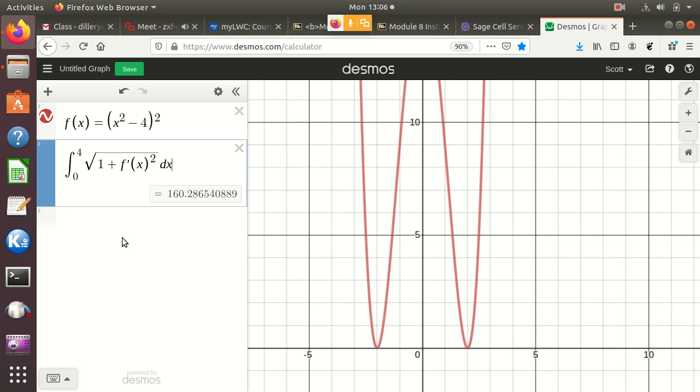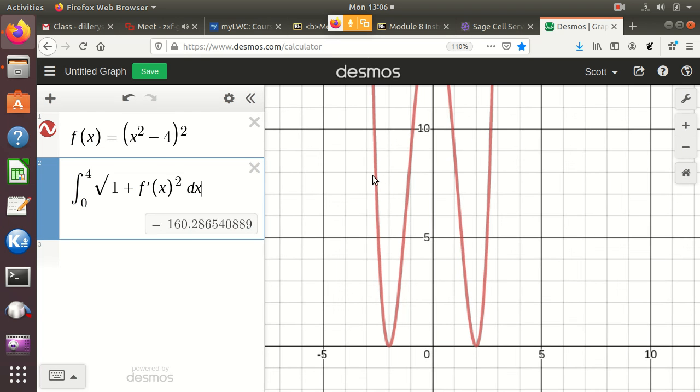And I get 160.28. Let's see, Control plus, make that a little bigger. Okay, so the answer is around 160. And they ask us to do a couple things. So this is part D, use the integration capabilities.